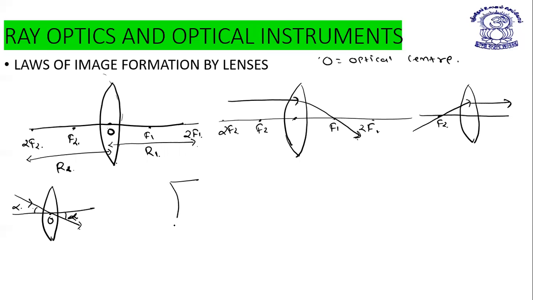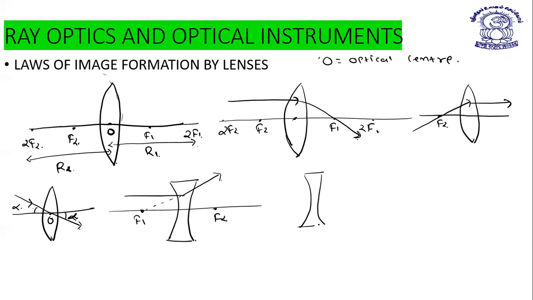Same way we can check it for concave lens also. If light ray is coming parallel to principal axis, then after refraction, it will appear to pass from focus. If light ray appears to pass from focus, then after refraction, it will become parallel to principal axis.